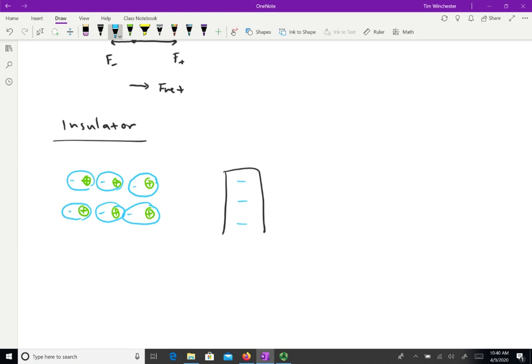Okay, and what happens then, if you are considering the overall behavior of that insulator, is that the closest side is going to be slightly positively charged because there are fewer electrons on that surface nearby. And the farthest side is going to be slightly negatively charged because there are slightly more electrons and slightly fewer nuclei in that region. Okay, so the same basic phenomenon still happens.